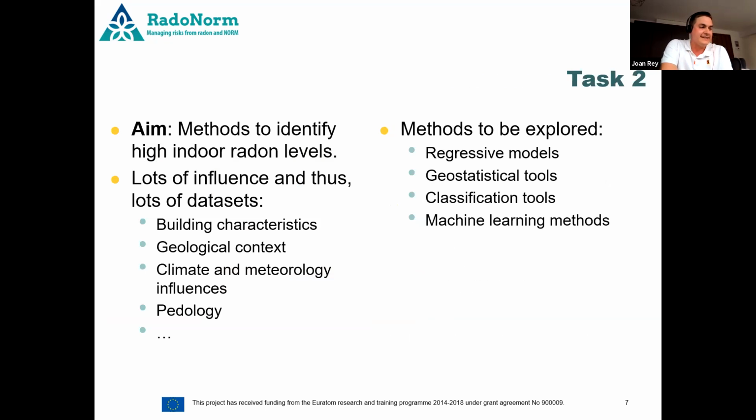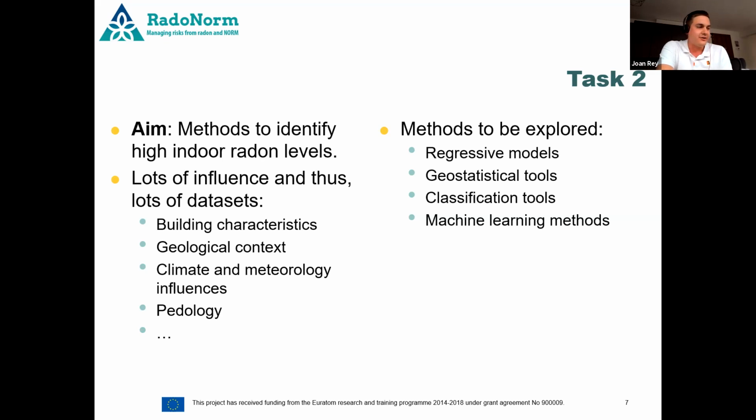The second task aims to find the optimal method to identify high indoor radon levels. Based on different datasets, such as building characteristics, geological data, climatic and meteorological data, and pedology too, we will look through different methods and identify which one is the best for identifying high indoor radon levels.